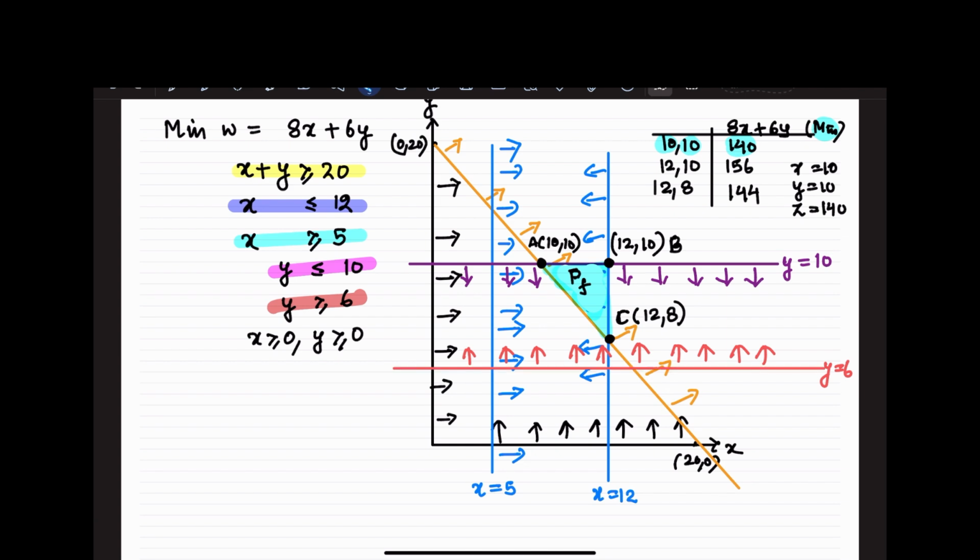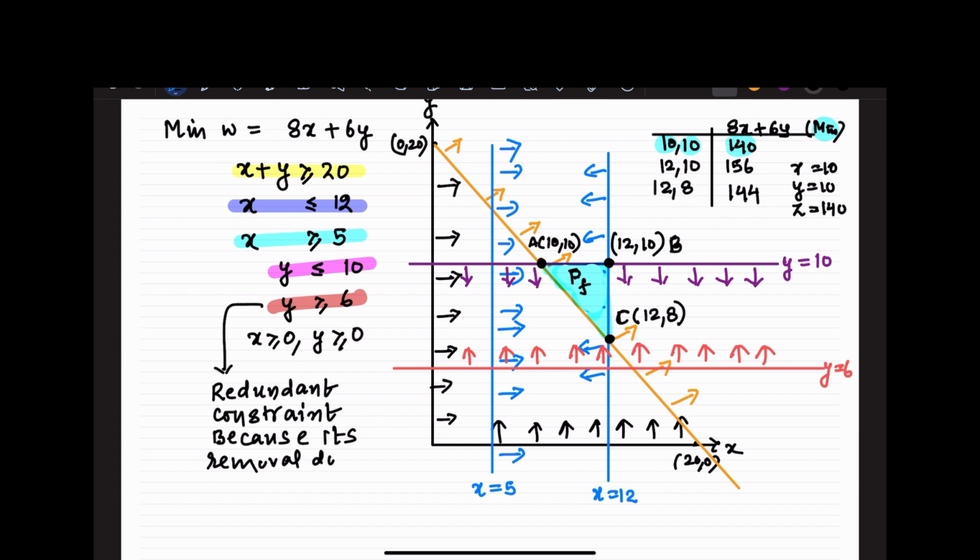So this red constraint is a redundant constraint in your problem, because its removal does not alter the feasible region.